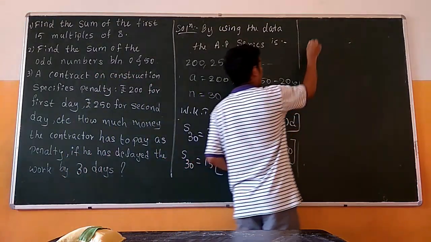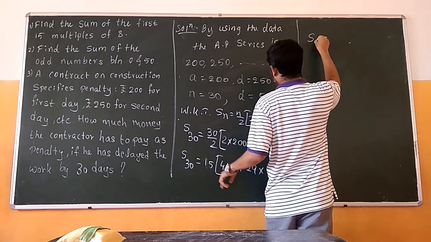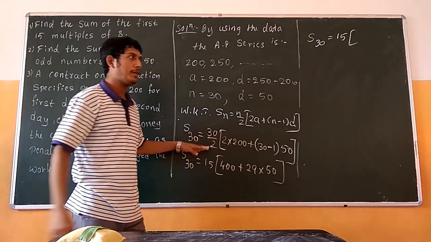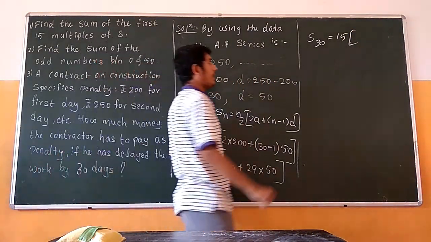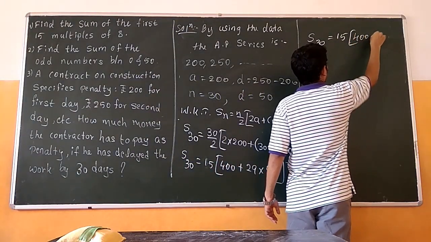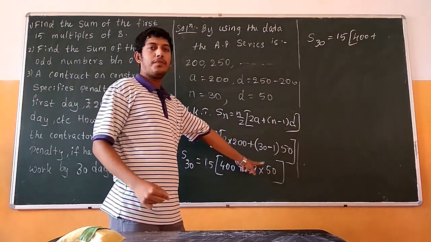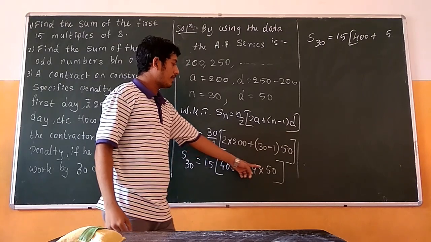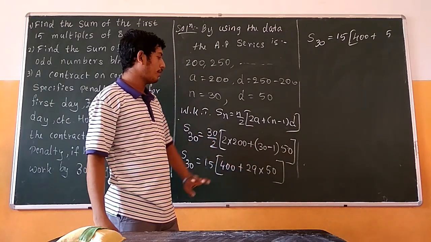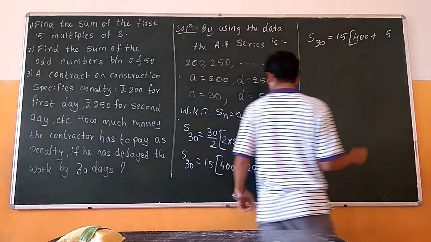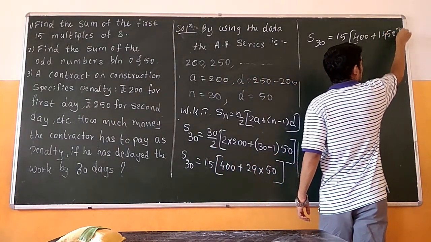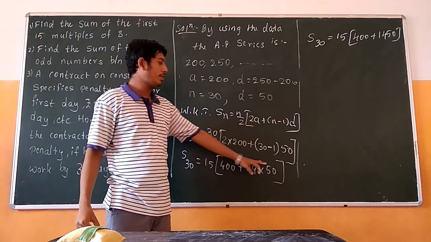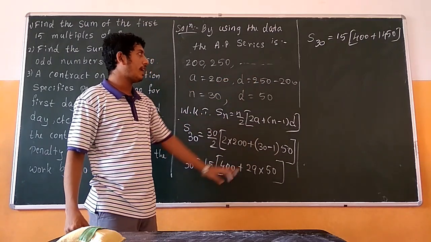So therefore S30 equals 15 into, because 30 by 2 gives 15, then 400 plus 29 into 50. 9 5s are 45, then 5 2s are 10 plus 4, 14, and the last 0.